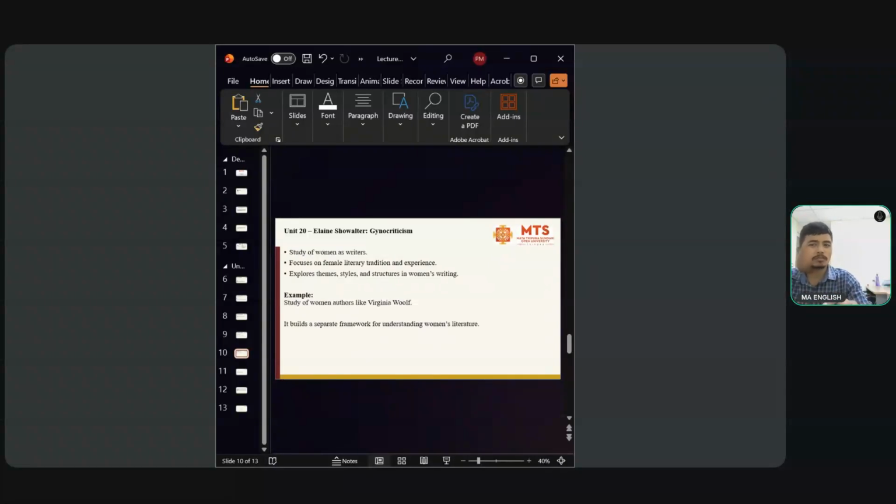So gynocriticism proposes that we need to build a framework, one that is specifically designed to understand, appreciate, and evaluate women's literature from within. This means studying the female literary tradition as a rich and complex history.